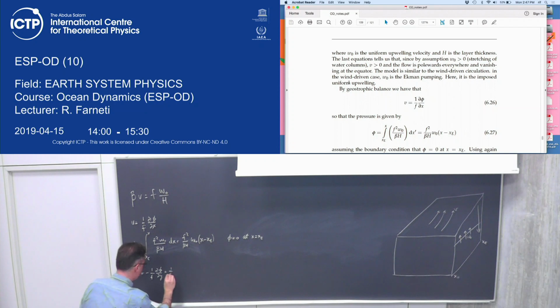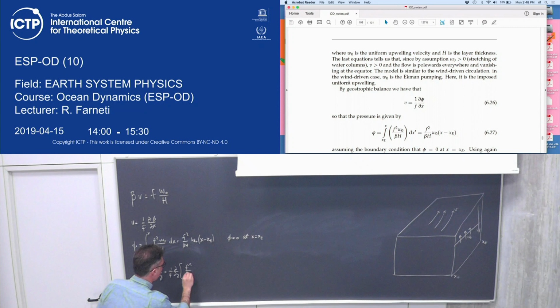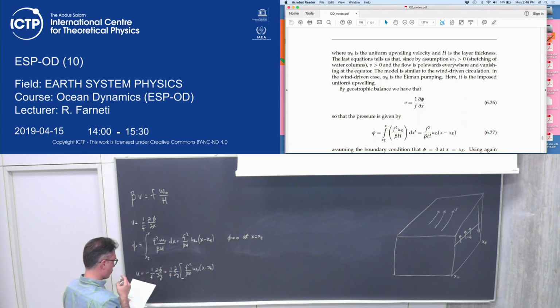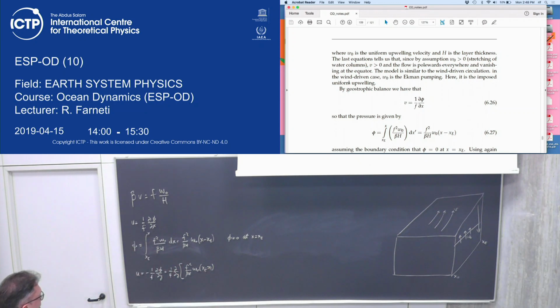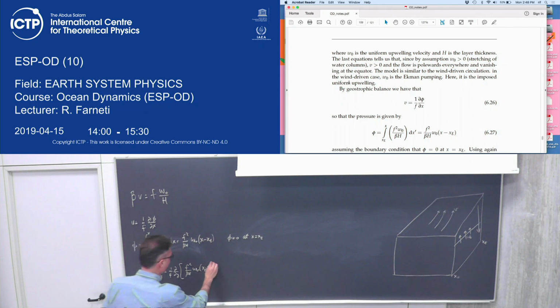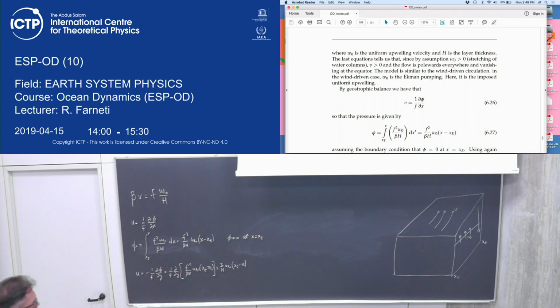You substitute, you get 1 over f d by dy of the pressure, which is f squared over beta h, w naught, x minus xe, or xe minus x because I changed the sign, because there's a minus here, so I flip it, and that's 2 over h of w naught, xe minus x. Okay, we do the d by dy of that.